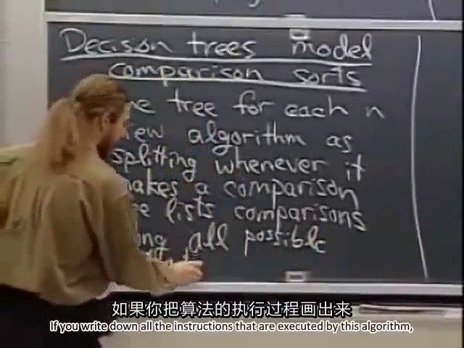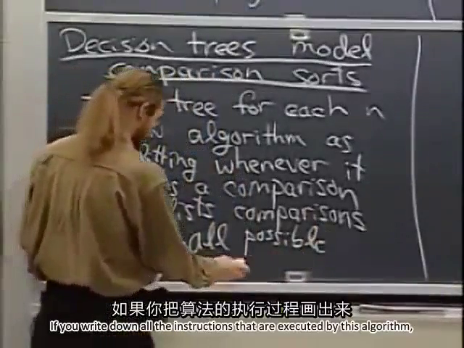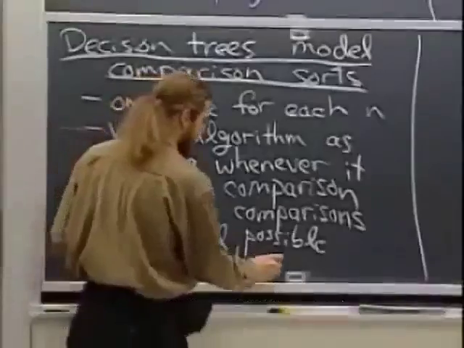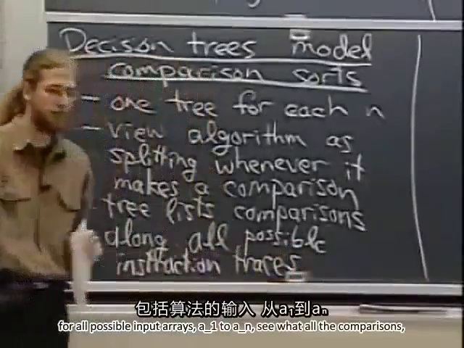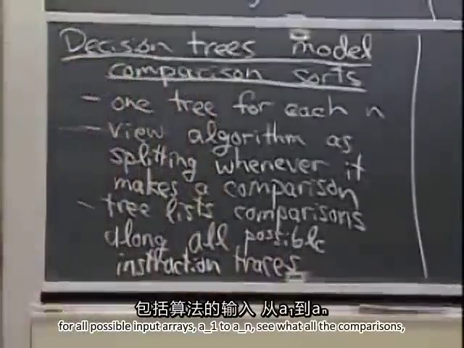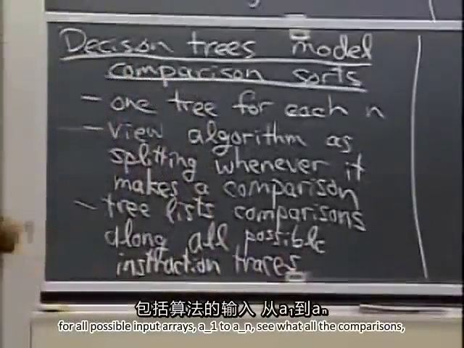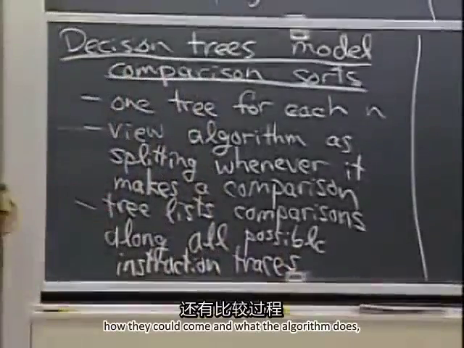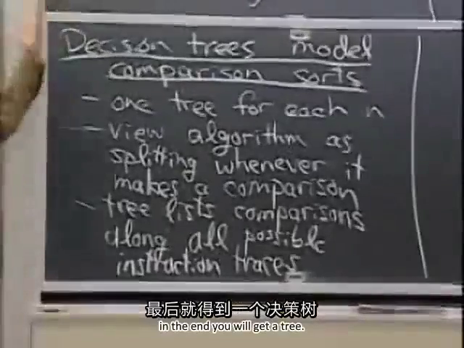You write down all the instructions that are executed by this algorithm for all possible input arrays, A1 to AN. See what all the comparisons, how they could come out and what the algorithm does. In the end, you'll get a tree.